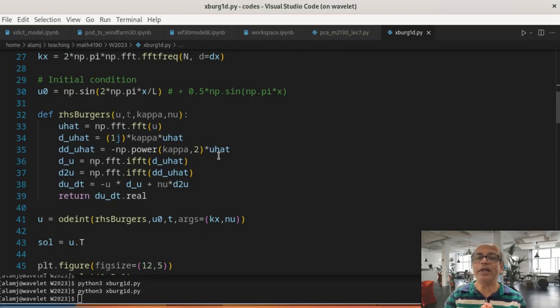So we are going to write the first derivative of my solution, du dt equals something on the right-hand side, and that right-hand side I'm going to call RHS Burgers.